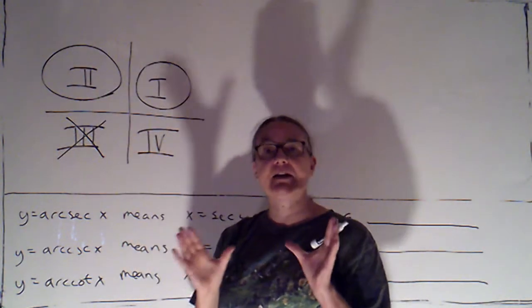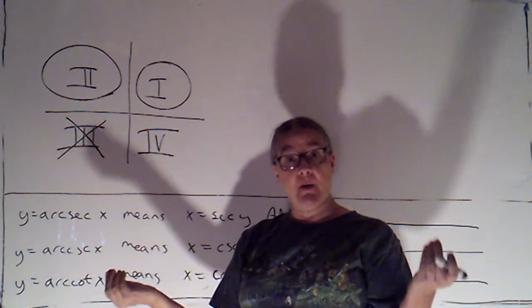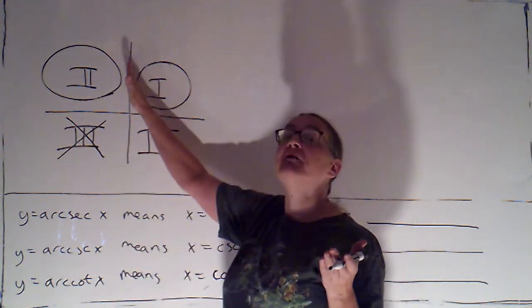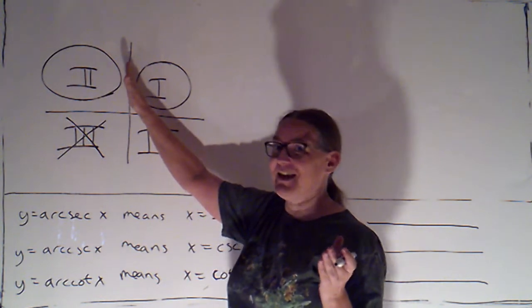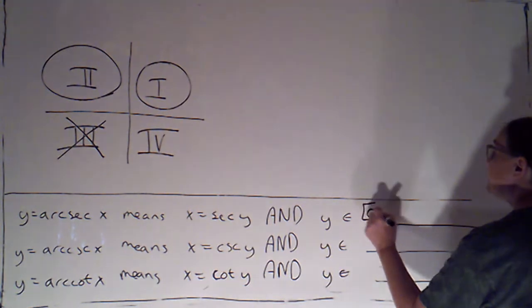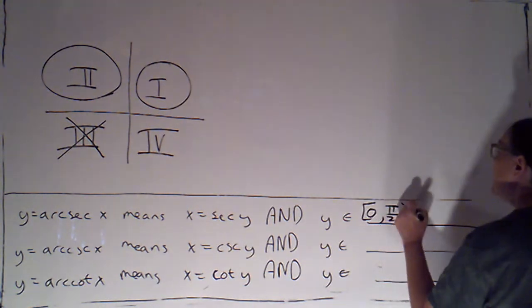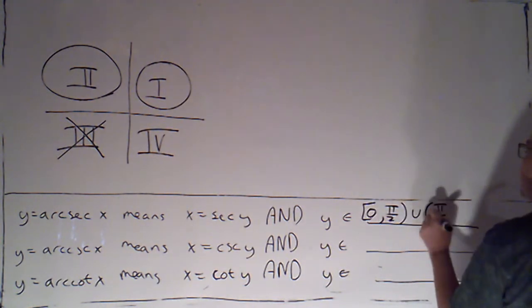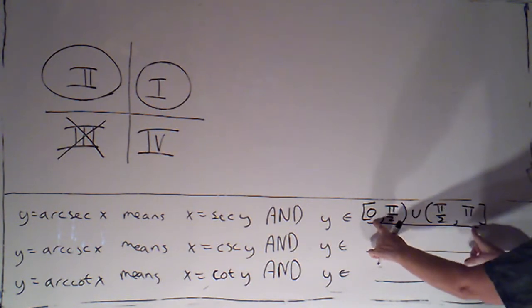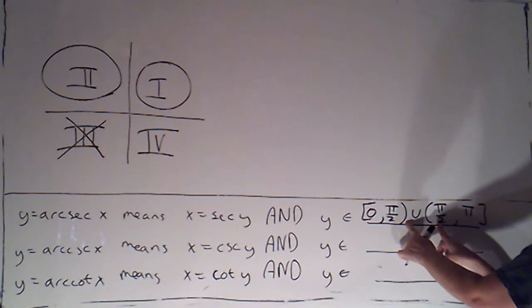I do need to be very careful there. 0 and pi are both in the domain of secant, but pi over 2 is not. So I'm going to have to write this as a union of two intervals. From 0 to pi over 2, union pi over 2 to pi. 0 and pi get brackets, pi over 2 gets a parenthesis.